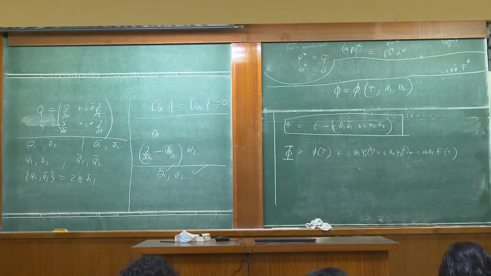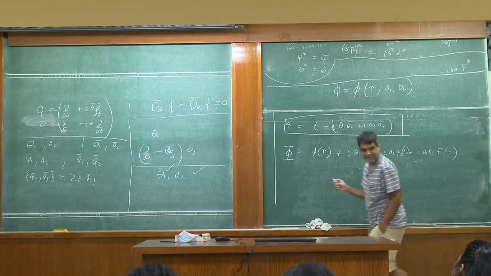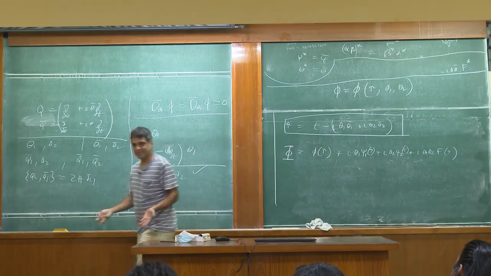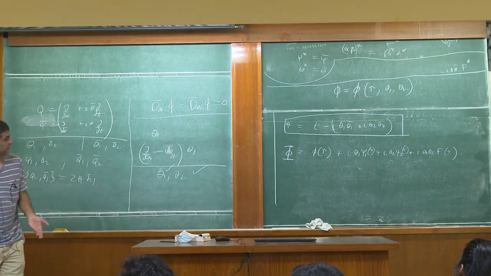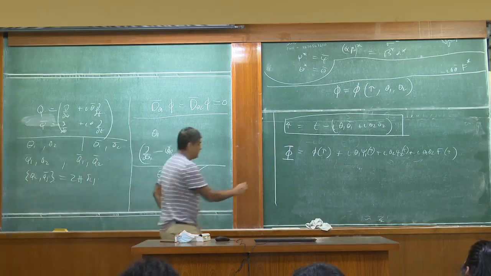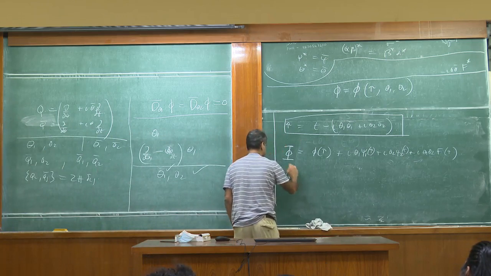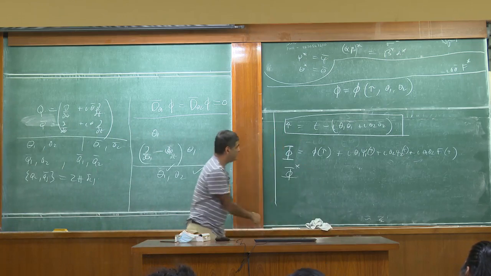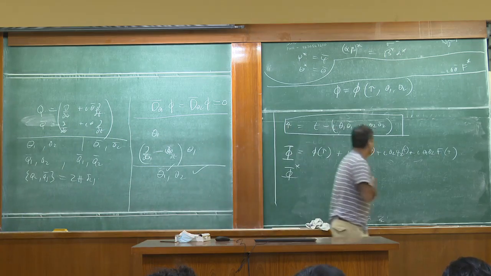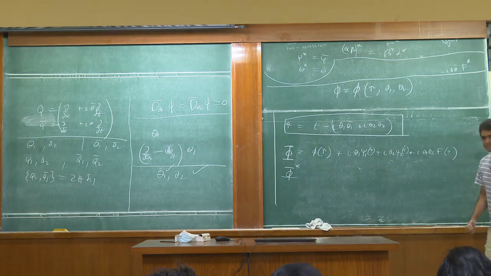So now we're dealing with the theory of a complex boson and these two complex fermions, psi 1 and psi 2, whose complex conjugates will appear in the expansion of phi star. f is also complex. Yes, f is also complex.